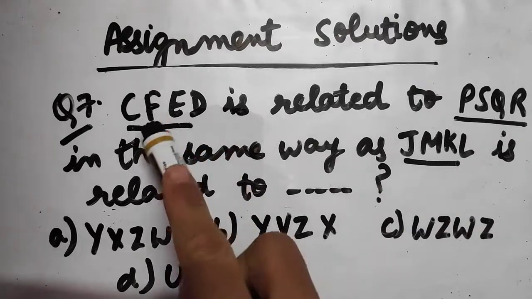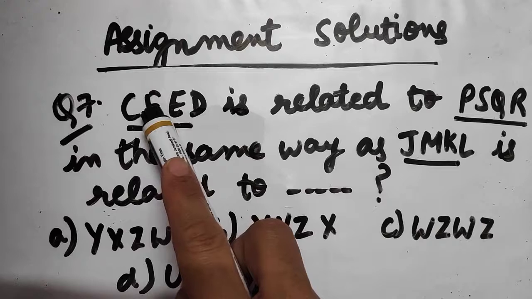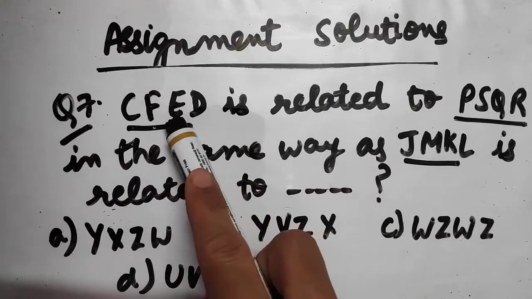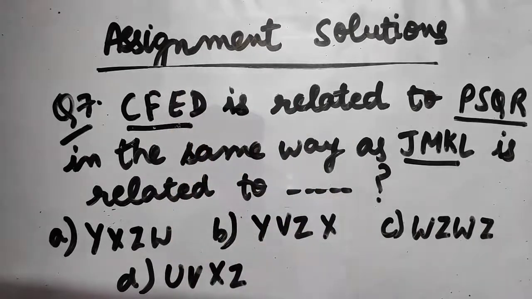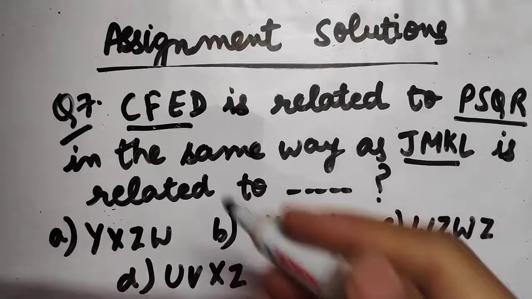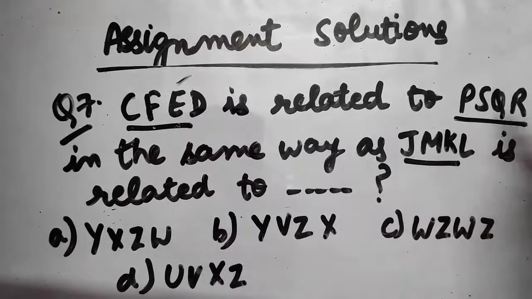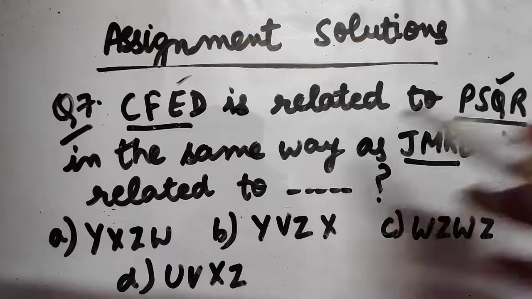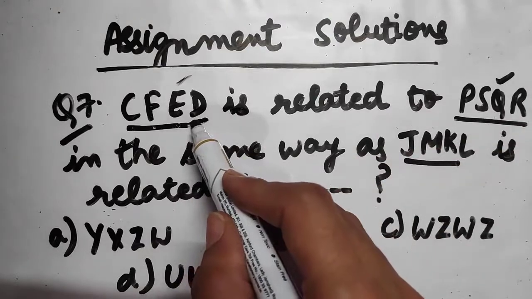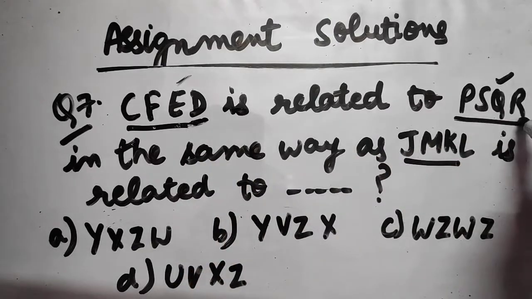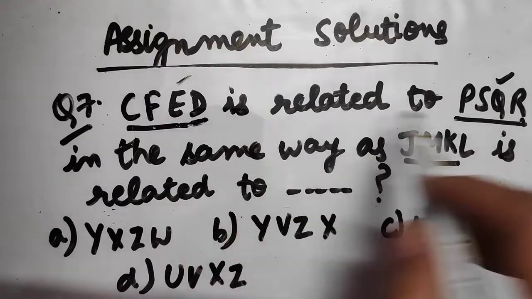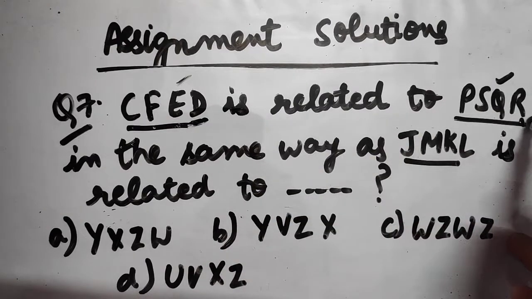The third letter is moved 12 steps forward, and the fourth letter is moved 14 steps forward, to obtain the corresponding letters of the second group.